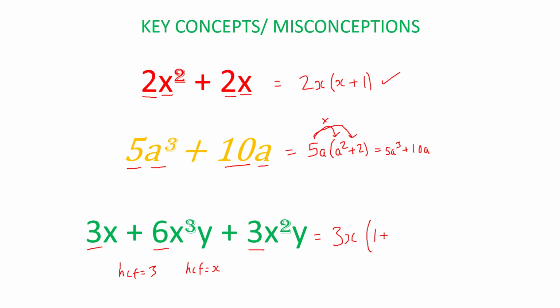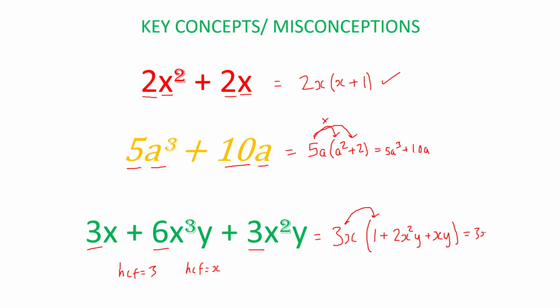Now we want to get the number 6, so we know we've got 2. 3 times 2 is 6, but we want x cubed, so that's got to be x squared to get that. And then we add the y. Now the last term is, we've got 3 on the outside, so we don't need to write the 1 here, but we want the x squared, so we put an x in and the y, and that's fully factorised, and you can see it working.